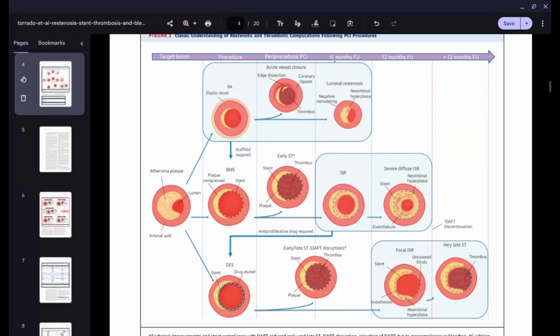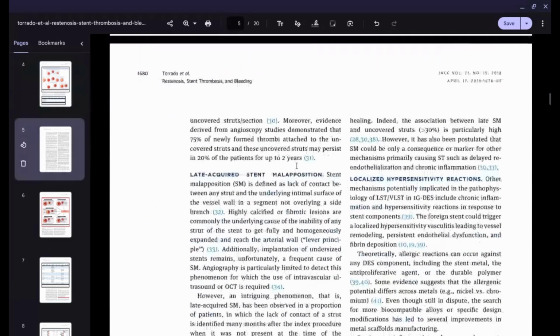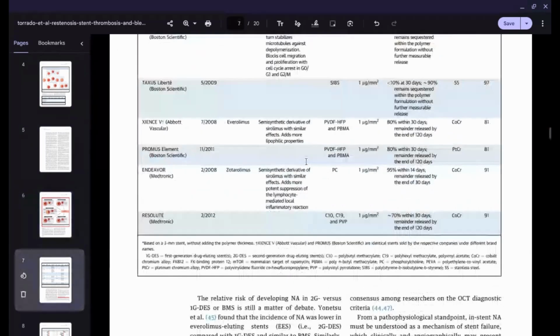You have the procedure and peri-procedural period, then the post-operation window, then the window within 6 months, and then the window after 6 months. Very late is after 12 months. Within 6 months is early stent thrombosis. So you also know that timeline.